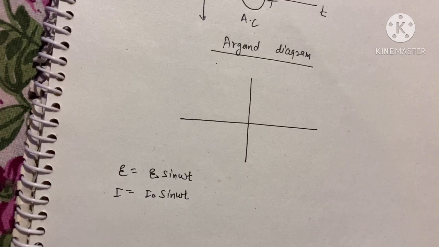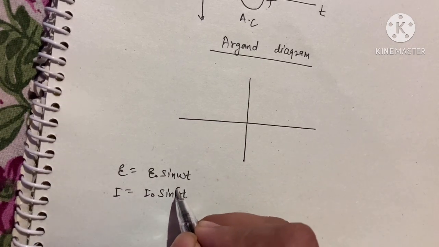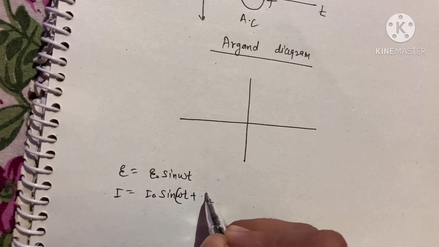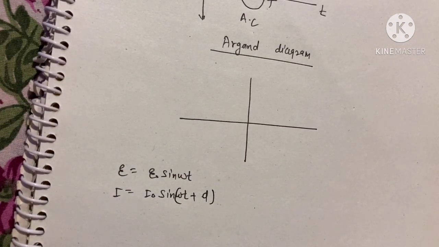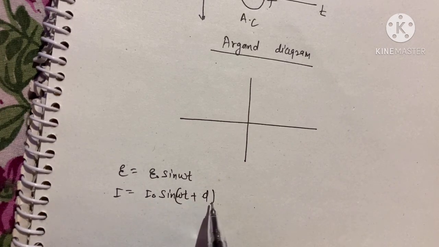Suppose there is a phase difference, so you can write some phi. So phi is the phase difference. So sin of omega t plus phi means the current is leading the EMF by phase difference phi.